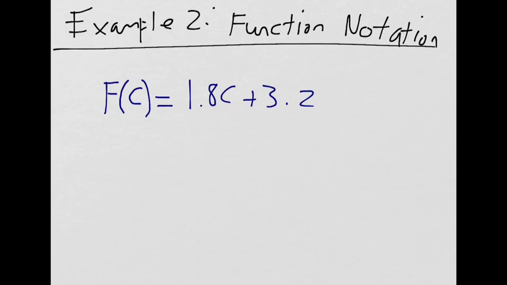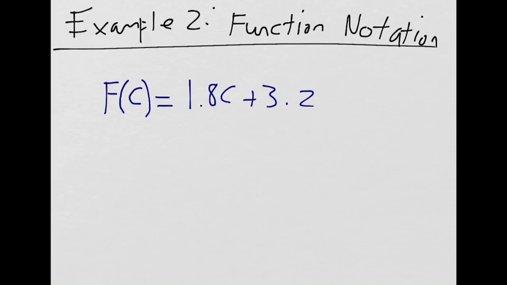If I wanted to convert 35 degrees Celsius into Fahrenheit, I would put in 35 here for C, and then out pops F. This notation, F bracket C bracket, is called function notation. The way we say it is, F of C.